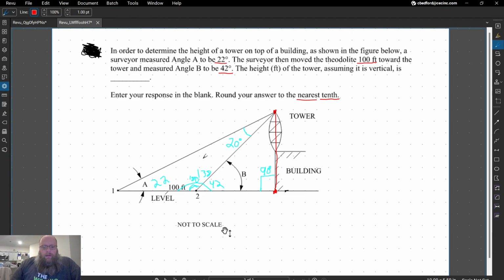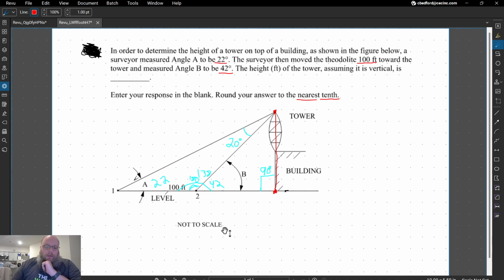Now, in order to solve for this, since this is not a right triangle, I've got to use one of my other trigonometric functions or formulas. This one's going to be the law of sines, which is just going to give you your distance.